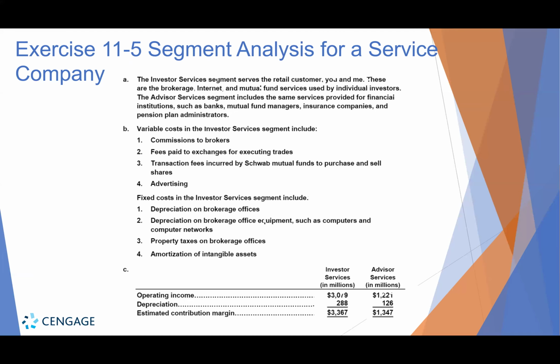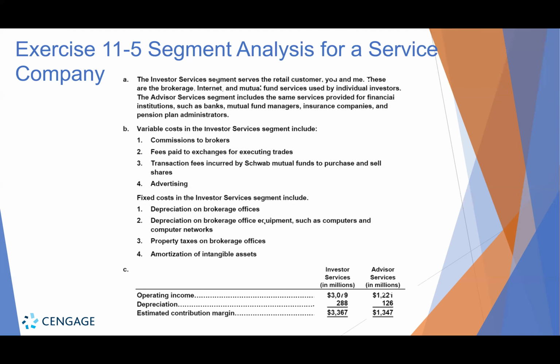The fixed cost would pretty much be that depreciation and those hard costs that aren't going to change: insurance, property taxes. So you see the operating income for each segment.